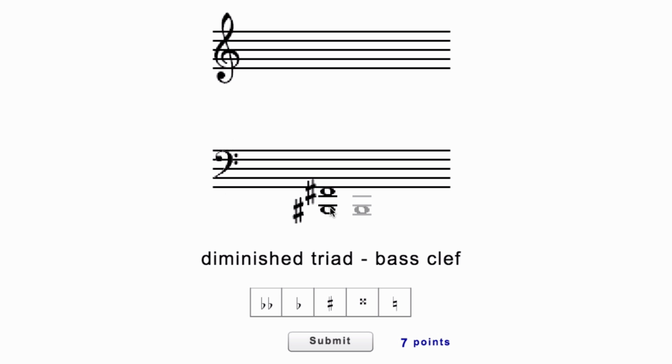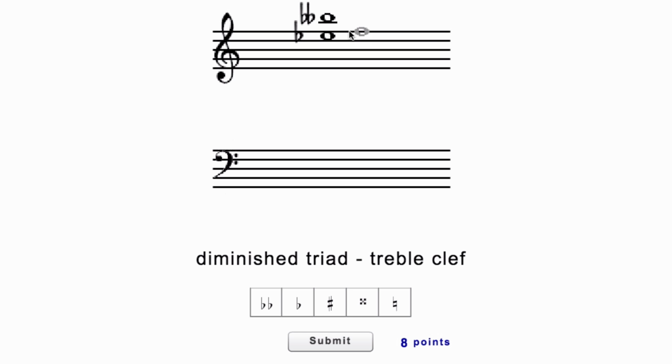We know thirds based upon B, E, A, or D are minor thirds, and the same goes for accidental versions of them: B sharp to D sharp, B double sharp to D double sharp, and so on. So to make that a minor third, all we've got to do is hit that sharp, knock it in there, and now we have our diminished chord.